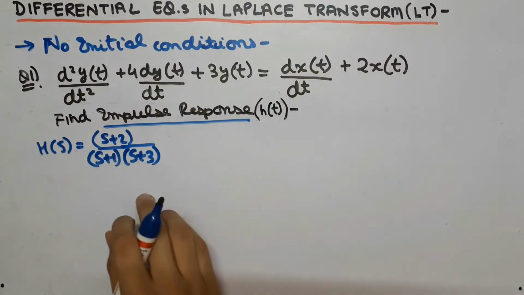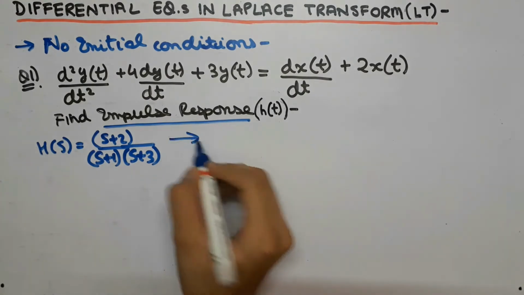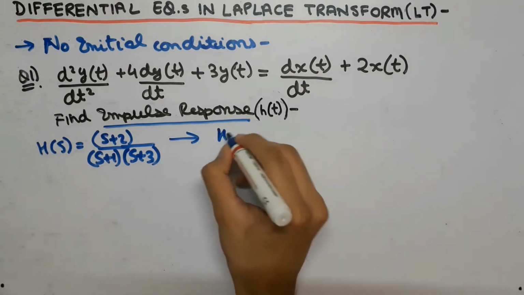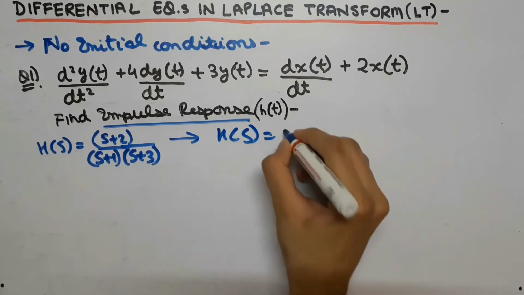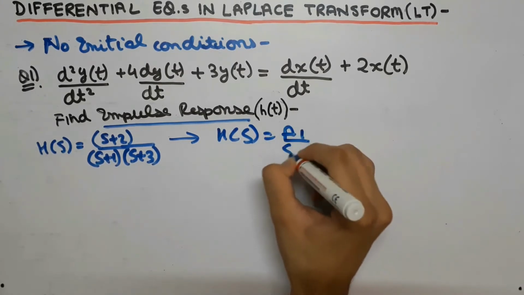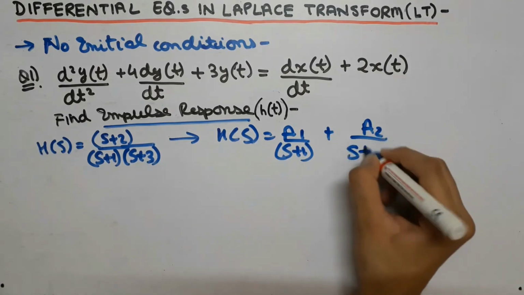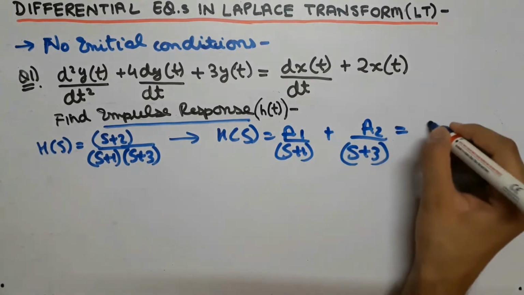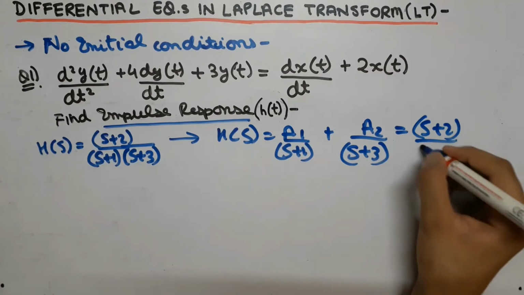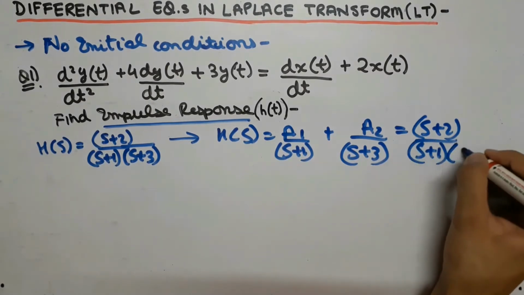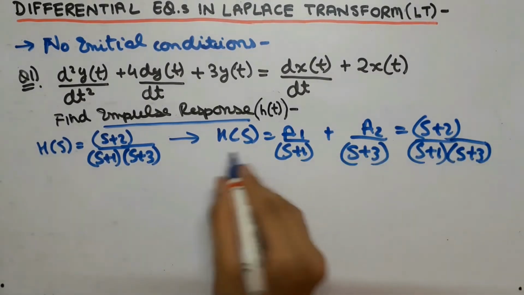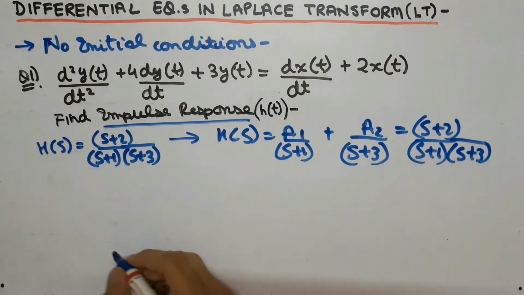Now we are going to convert it into partial fractions. That is, we will write H(s) is equal to a1 upon (s + 1) plus a2 upon (s + 3), which is equal to (s + 2) upon (s + 1)(s + 3). We have simply put the value of H(s) that we obtained before.